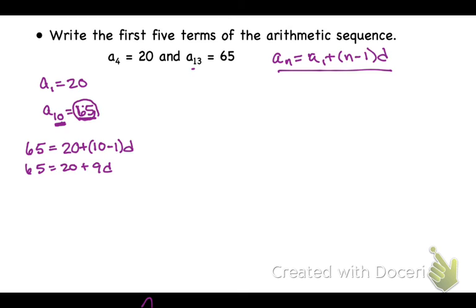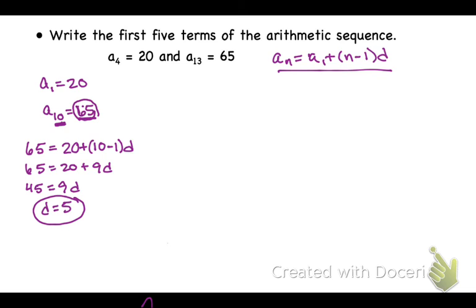Why would the n be 10? Because if I line these up, this 20 would be my first one, and then I go 1, 2, 3, 4, 5, 6, 7, 8, 9, and then this would be my 10th term of my new lineup. Okay, so I got 45 equals 9d, so d is what? 5. So now I have d is 5. I'm good there, right? Yeah.